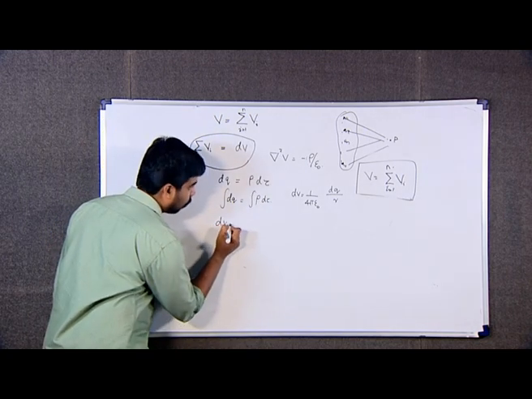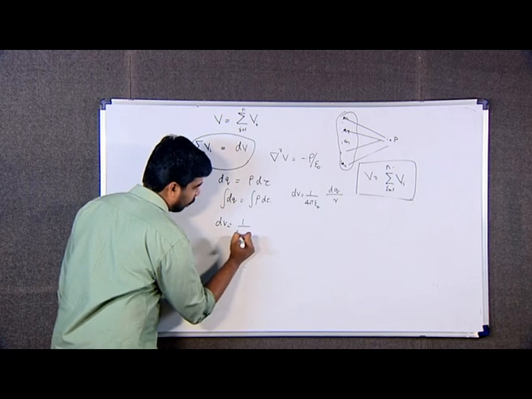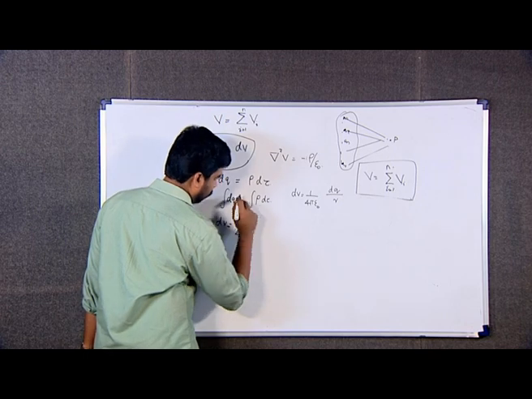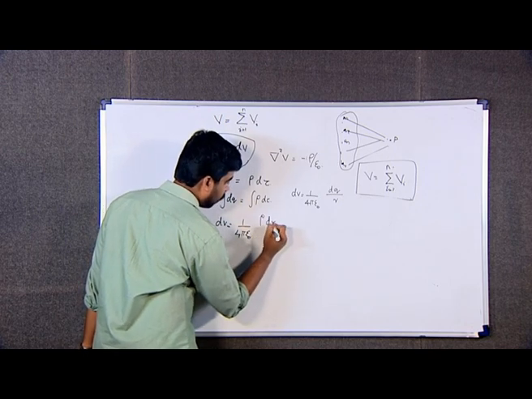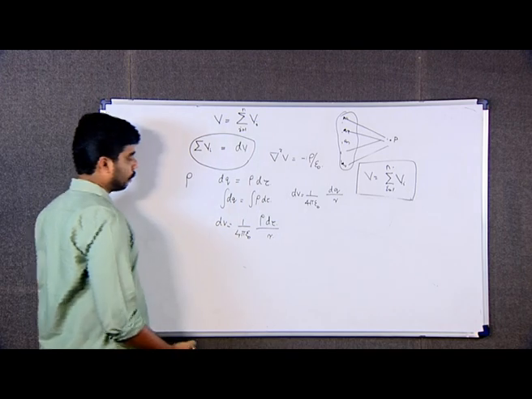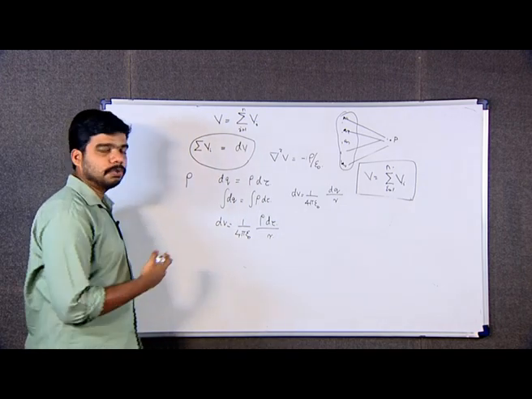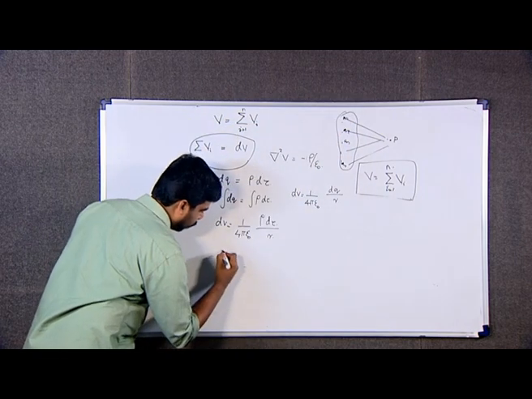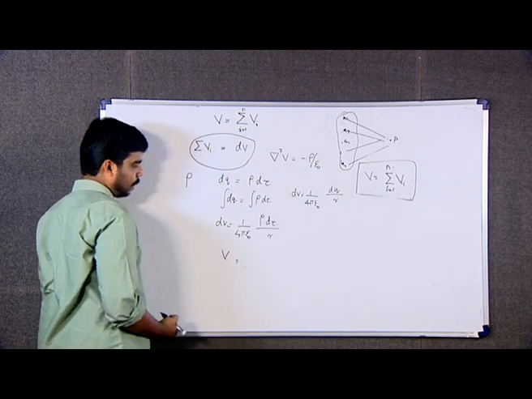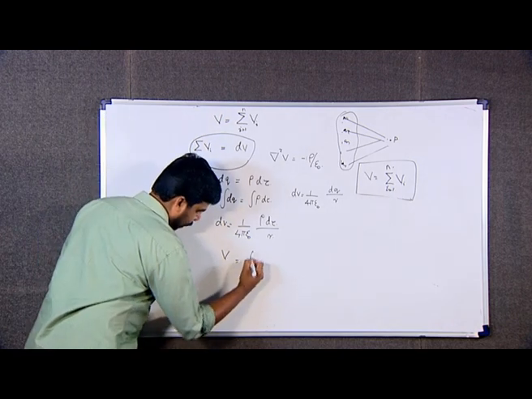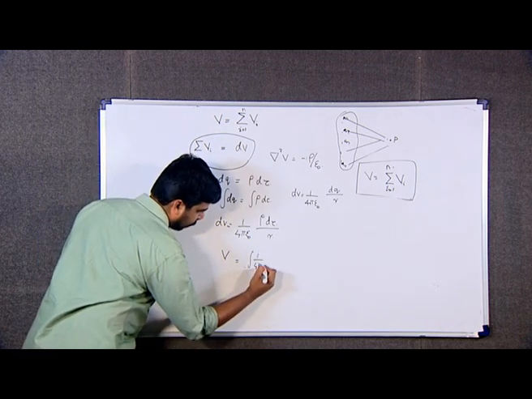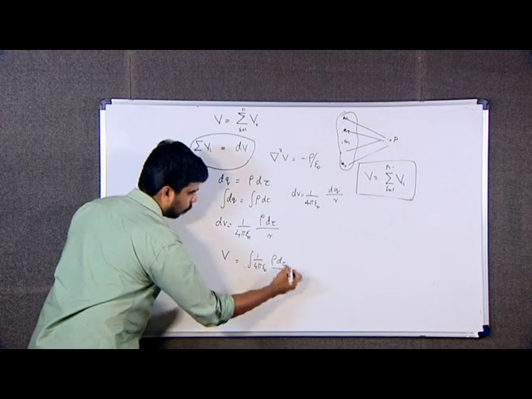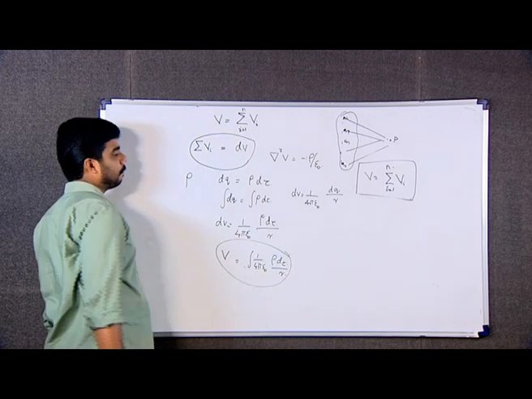So, dV is equal to 1 by 4 pi epsilon 0 rho dτ by r. What is the total potential produced due to this volume charge distribution? The total potential V is equal to the integral of 1 by 4 pi epsilon 0 rho dτ by r.